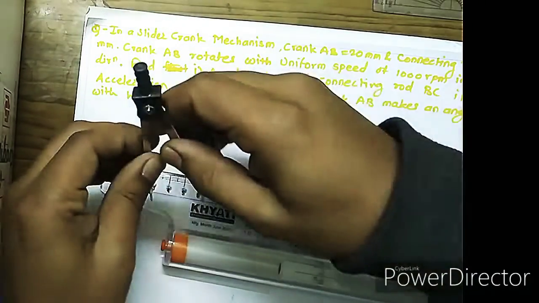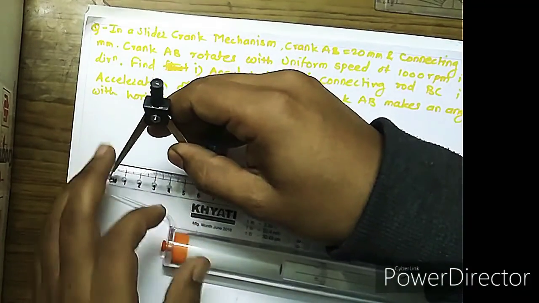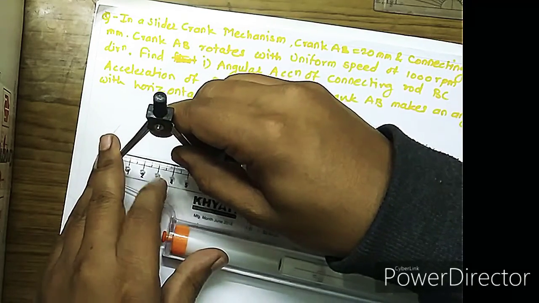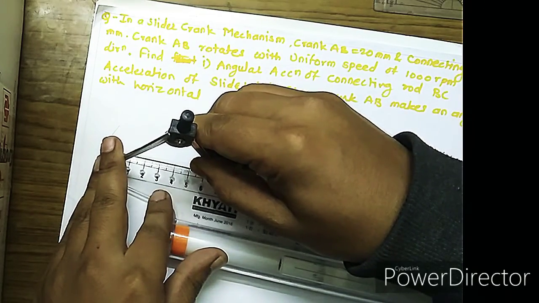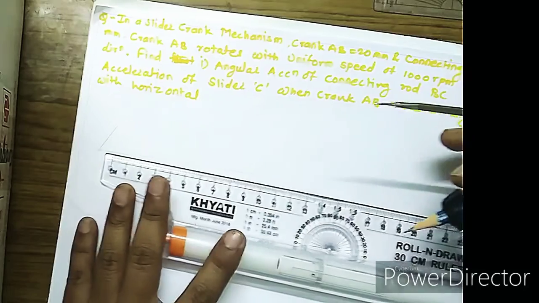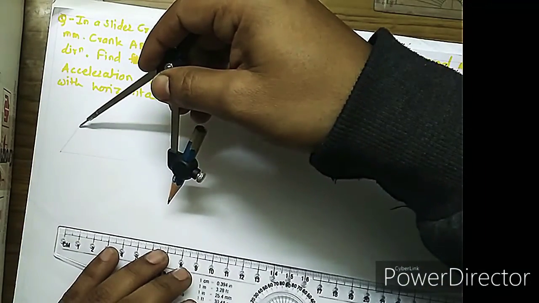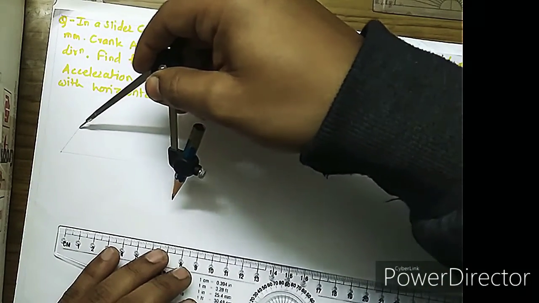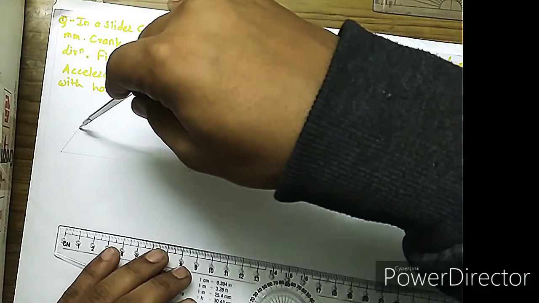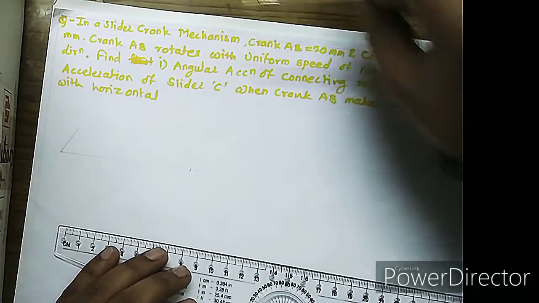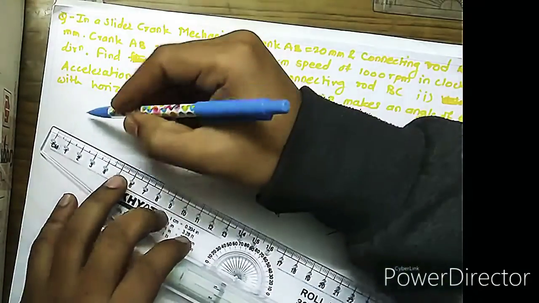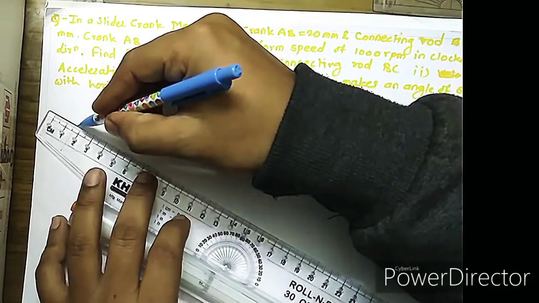Now connecting rod is 80 mm, so take a dimension in a compass, that is 80 mm, 8 centimeter. Keep the compass point on point B and make an arc on the horizontal line, so you will get the connecting rod.